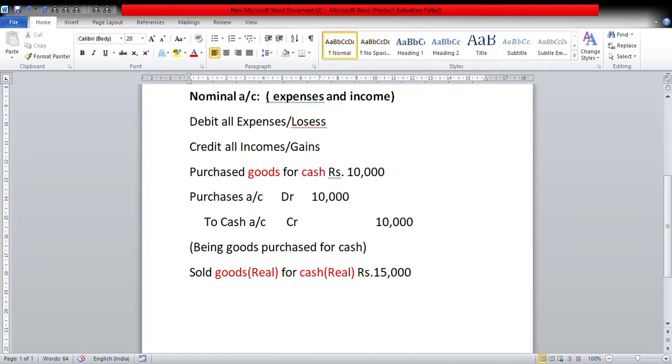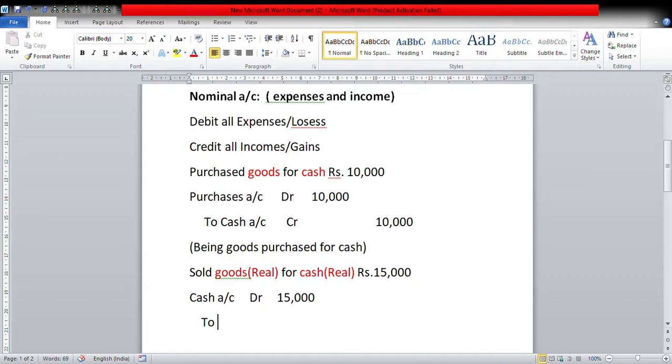As per the real account, debit what is coming in and credit what is going out. By taking this rule into account, when the goods have been sold, the business is receiving cash. So cash is coming into the business. Cash account debit, and the amount is 15,000, followed by 'To'. As I told you, we cannot directly take the name of goods into the journal entry.